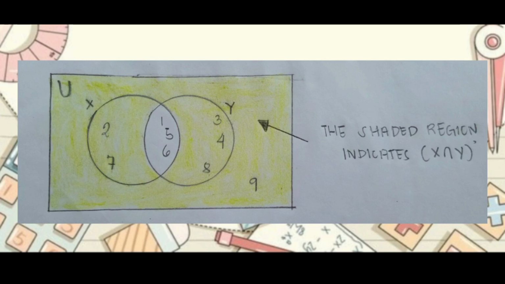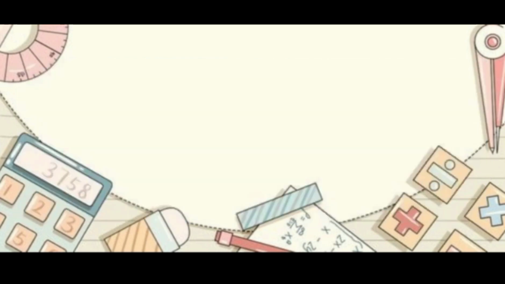So we can see from the Venn diagram that (X ∩ Y)' is equal to {2, 3, 4, 7, 8, 9}, or we find that X ∩ Y is equal to {1, 5, 6}, and so (X ∩ Y)' is equal to {2, 3, 4, 7, 8, 9}.